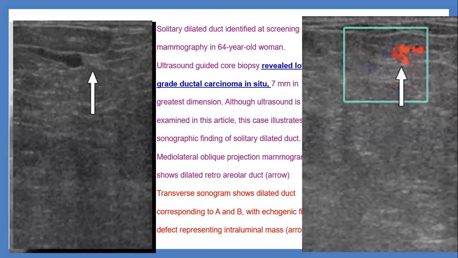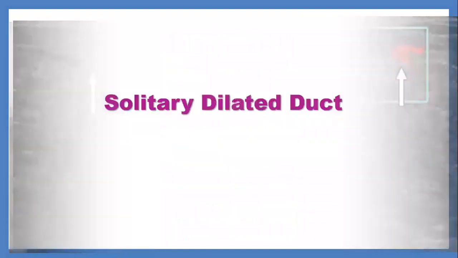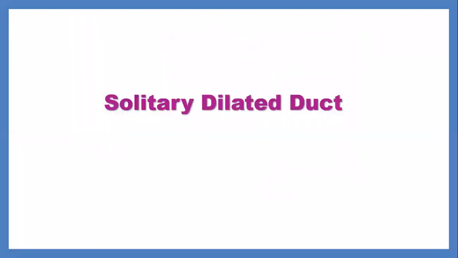Transverse ultrasound shows the dilated duct corresponding to the mammography, with an echogenic filling defect representing an intraductal mass. Biopsy revealed ductal carcinoma in situ. So we are talking about solitary dilated ducts.